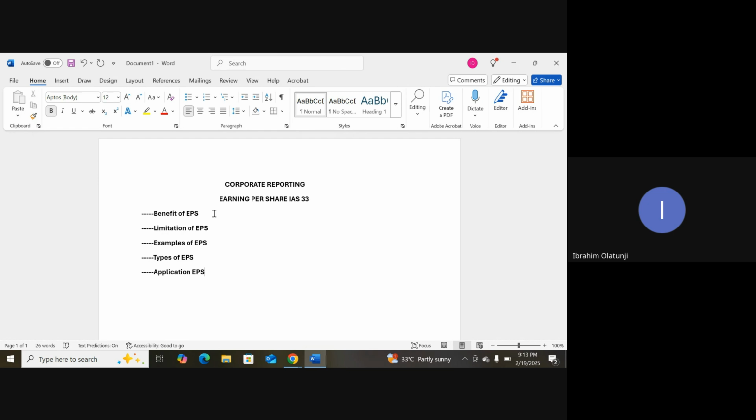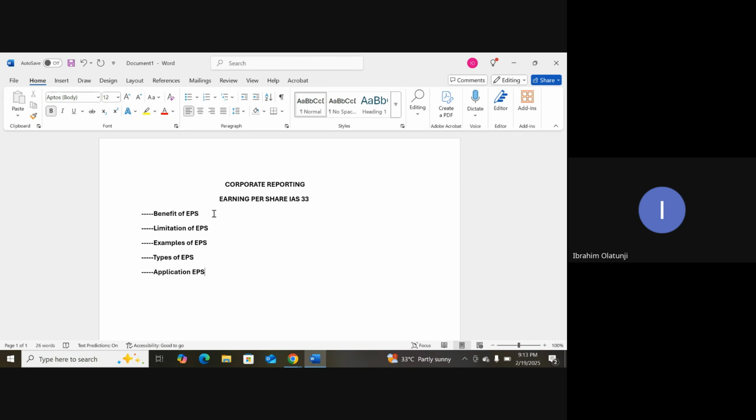Another benefit is that we can use earnings per share to assess the profitability performance of the entity over time. That is, we can use it to assess the profitability of the company over time.